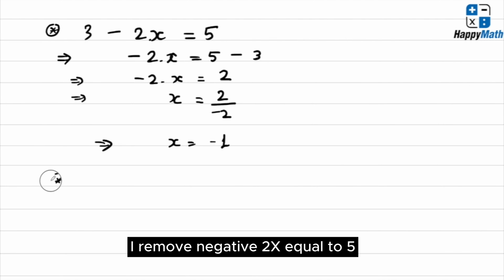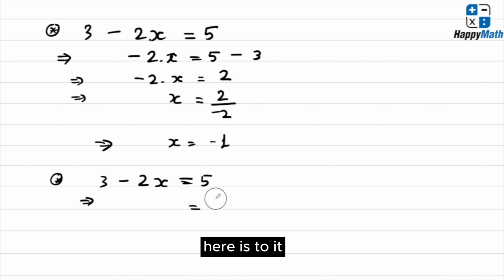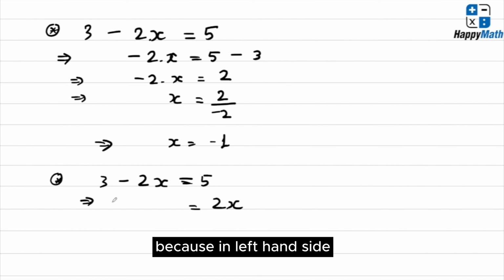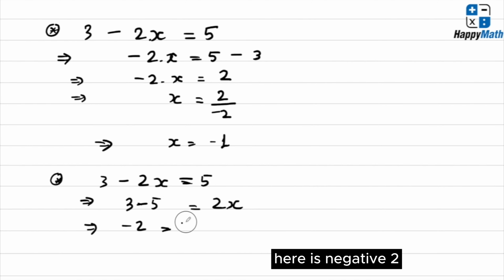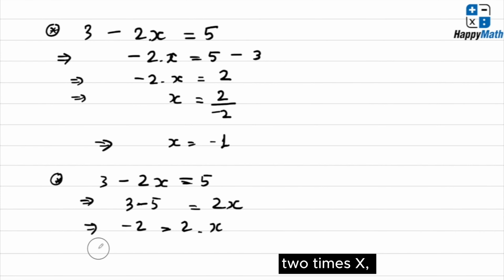The second way for solving this, I will move negative 2x. Starting from negative 2x equals 5, I will have 2x on the right hand side, because on the left hand side you have negative 2x. I move it from left to right, and it becomes 2x. And 5, I will move from right to left. You get 3 minus 5 like this, and you get negative 2 equals 2 times x.